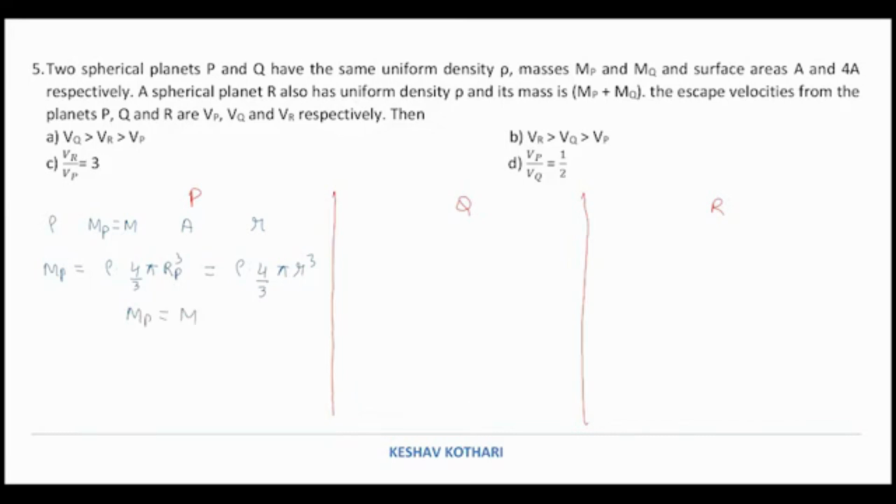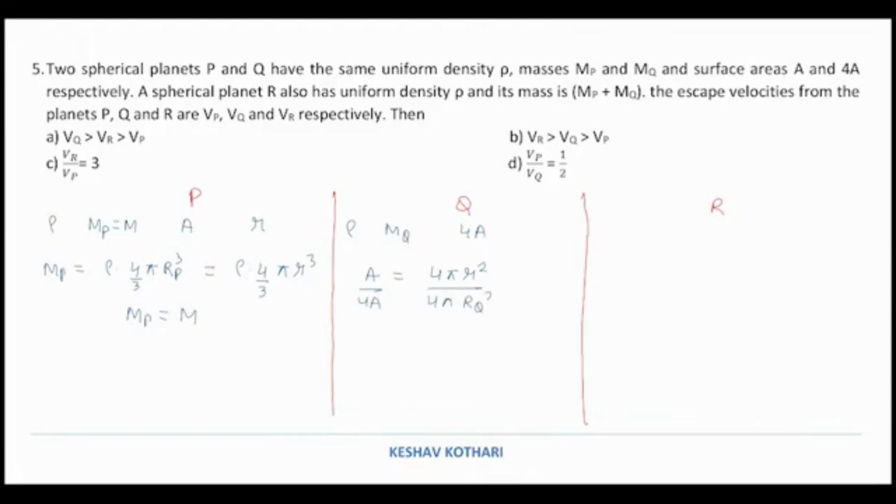So these are the things which we have about P. Now for Q, the question is stating that it has the same density, the mass we will be calculating in terms of m, and the area is 4A. If the surface area is A and 4A, I can say that A implies 4 pi r square, that is from P, and 4A will imply 4 pi rq square.